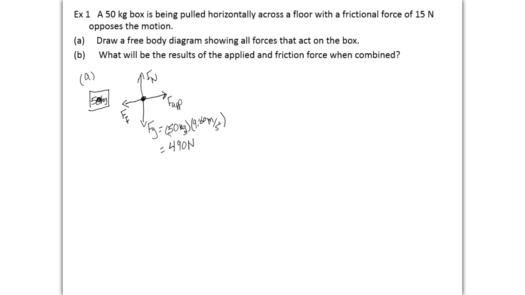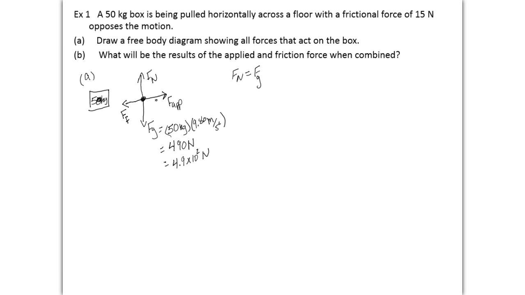Well, since you have two significant digits, 4.9 times 10 to the 2 newtons. And your normal force will be equal to this. So your force normal is equal to your force of gravity.